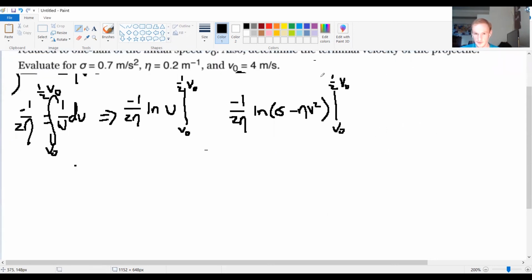Okay, so now we got this. We're getting very, very close. So now we're going to substitute it in. We have negative 1 over 2n ln of, and since we took the integral with respect to v, we're going to plug these in for the v's.